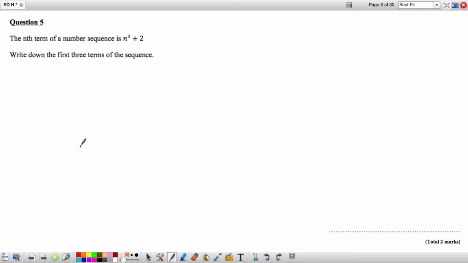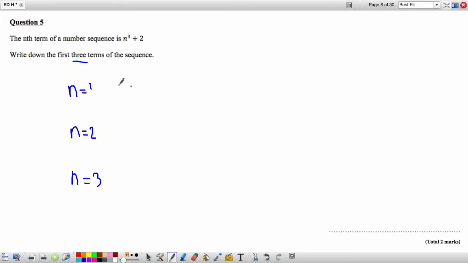Question number 5. The nth term of a number sequence is n to the power 3 plus 2. We're asked to write down the first 3 terms of this sequence. So that was when n is equal to 1, n is equal to 2, and n is equal to 3.